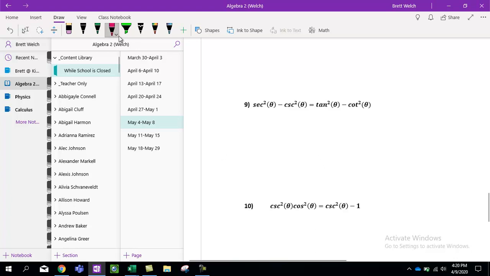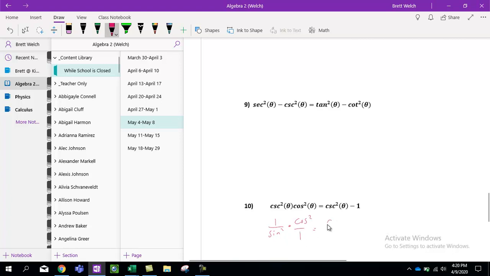Well, like I've said before, when all else fails, we try to turn things into sines and cosines. And cosecant squared would be the same as 1 over sine squared. And that's times cosine squared, which would technically be over 1.